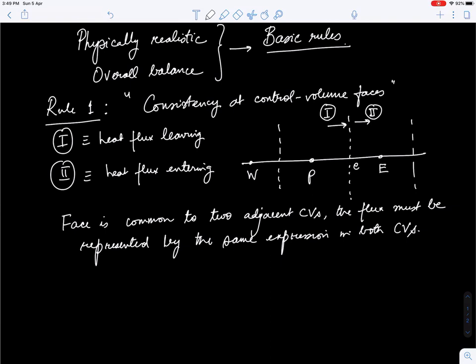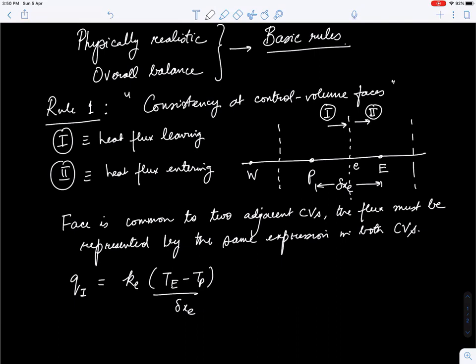But to explain this whole idea, let me say that the flux leaving, the flux Q1, which I'm denoting here, is going to be KE times TE minus TP by delta XE, where delta XE is this distance.